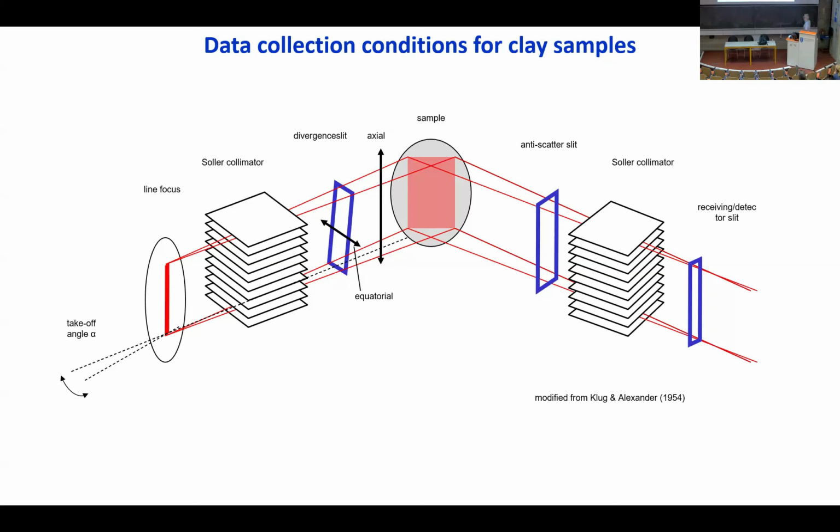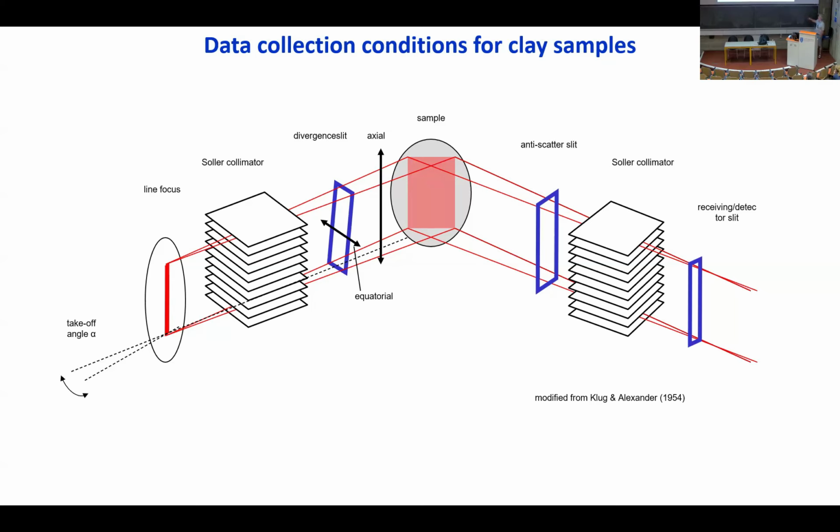Clearly, the objective when you are doing that is to have slits that are small enough to minimize the broadening due to the instrument. Usually some of these cannot be tuned. These slits here are fixed slits that are built into your instrument, but you are usually able to change these slits here: divergence slits, anti-scatter slits, and receiving slits.